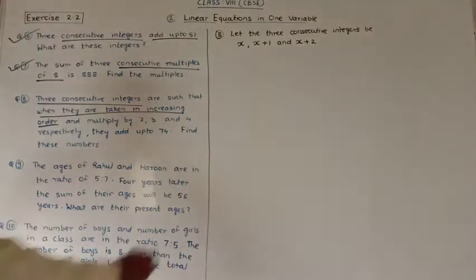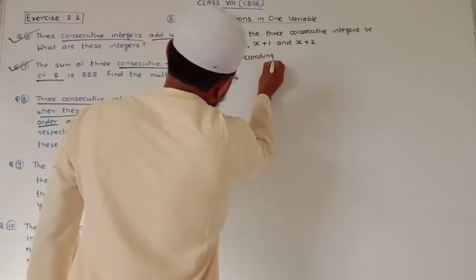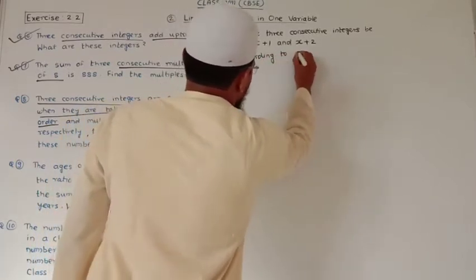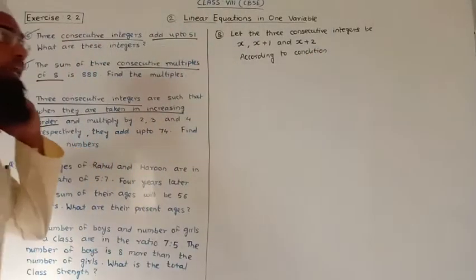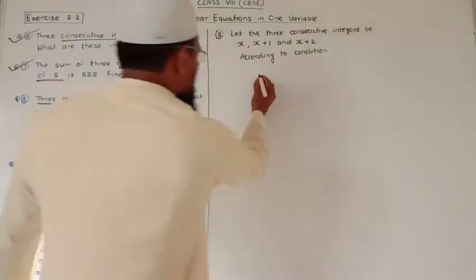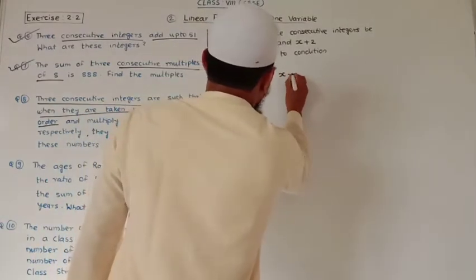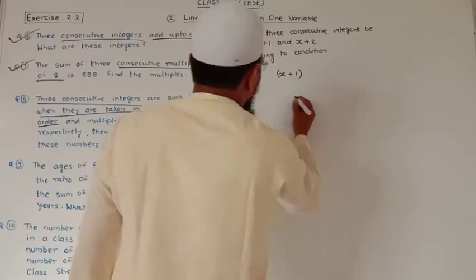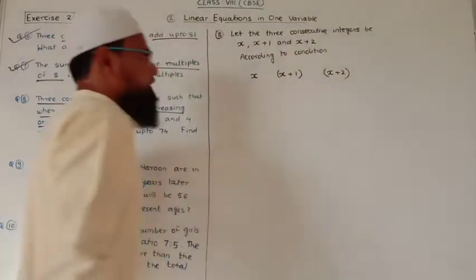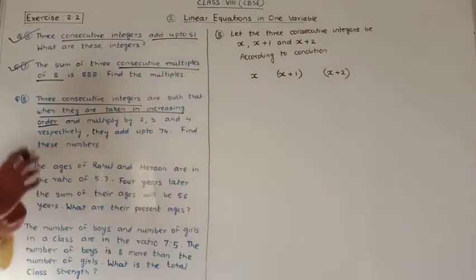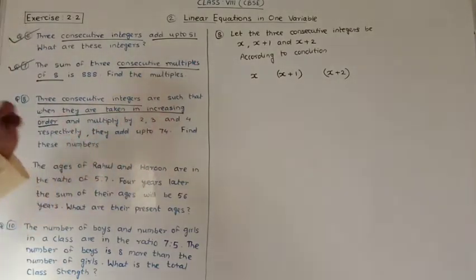After that, we write here according to the condition. We first of all take this in ascending order. So here x, second one is x plus 1 and third one is x plus 2. After that, multiplying by 2, 3, 4 respectively.